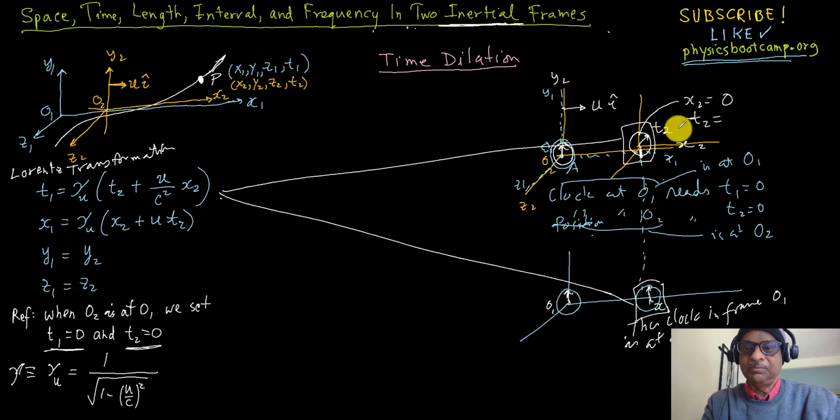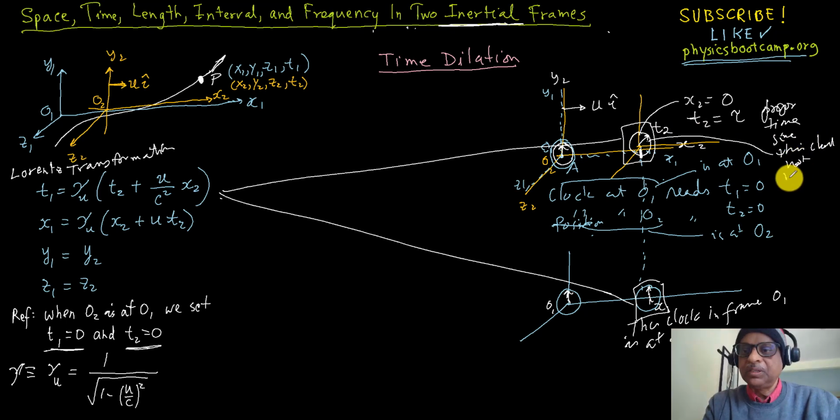T2 is some time, and because this clock is not moving in this frame, we usually denote it by tau. It's called proper time, since this clock is not moving with respect to O2.